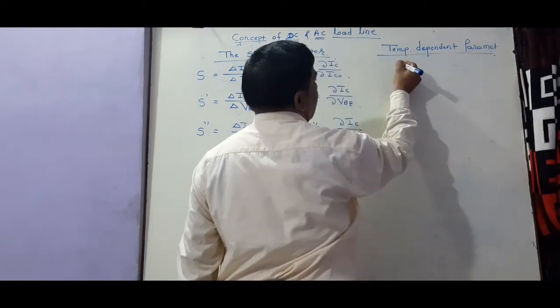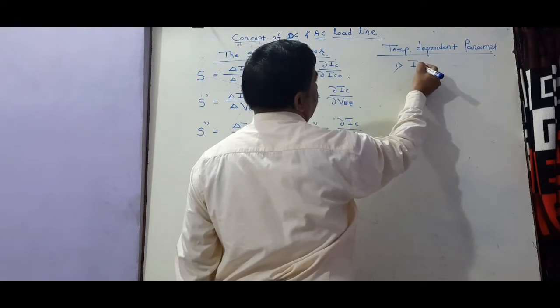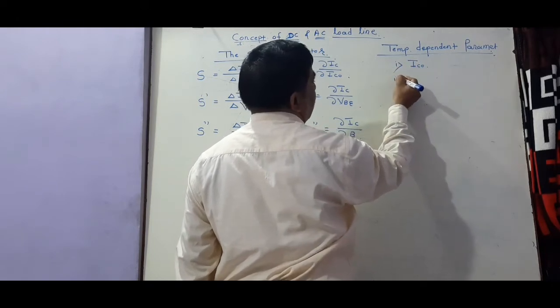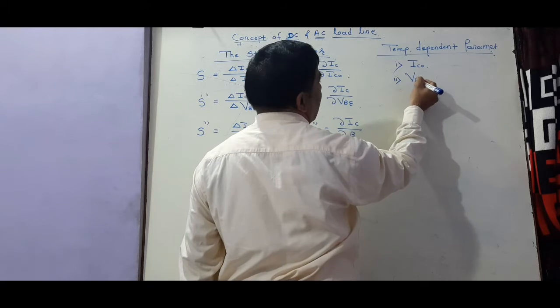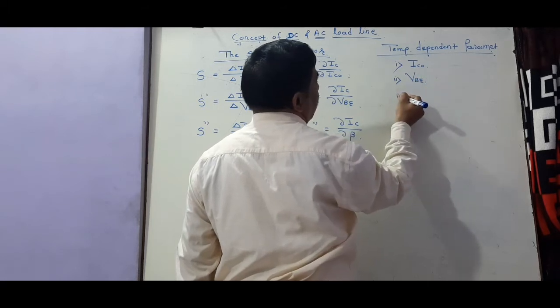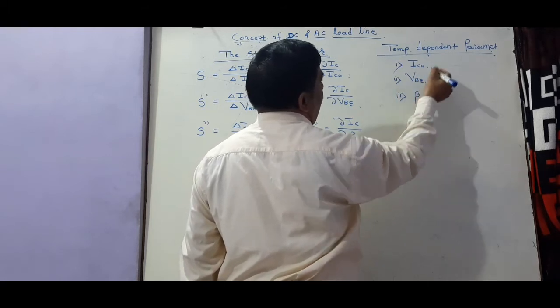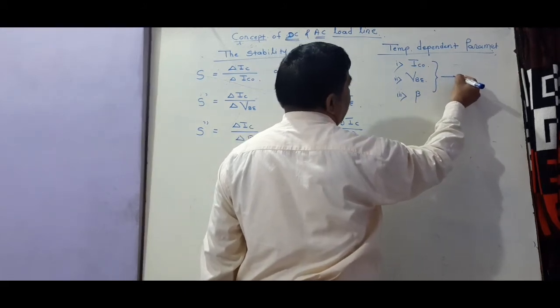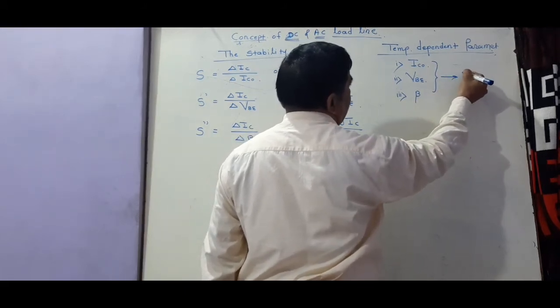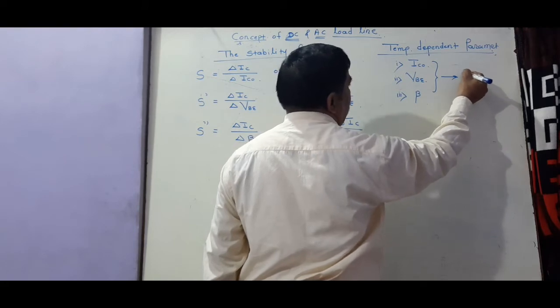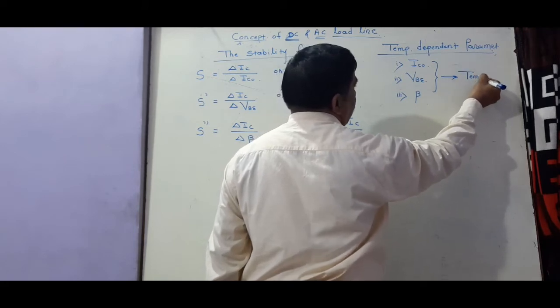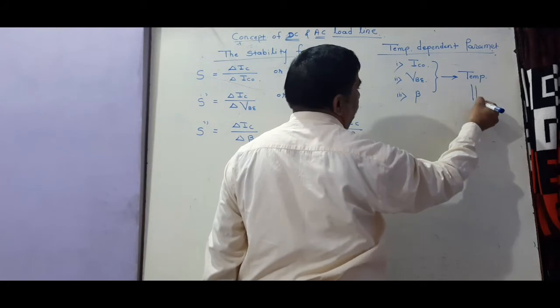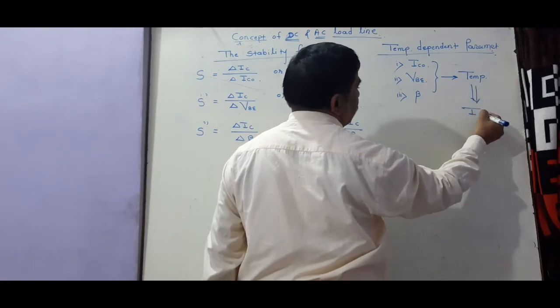First one is IC0, second one is VBE, and third one is beta. All these three parameters depend on the temperature, which varies the output collector current IC.